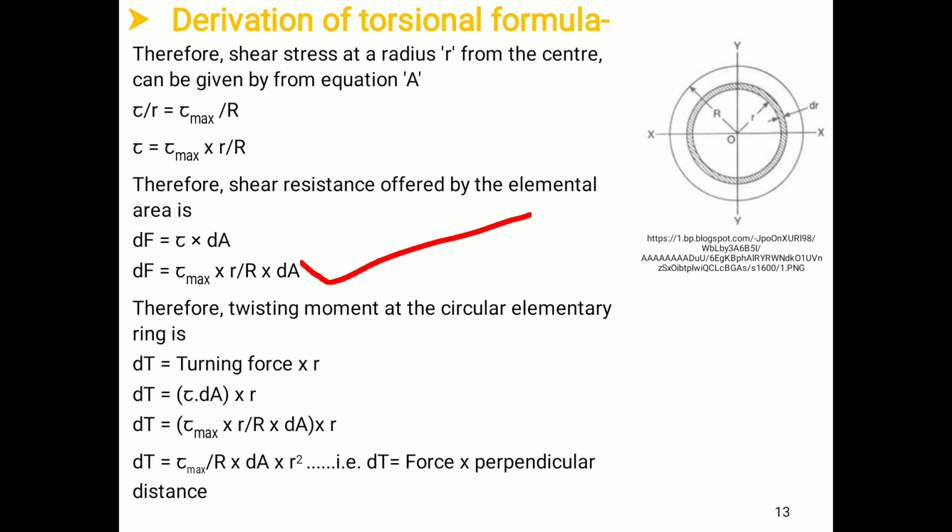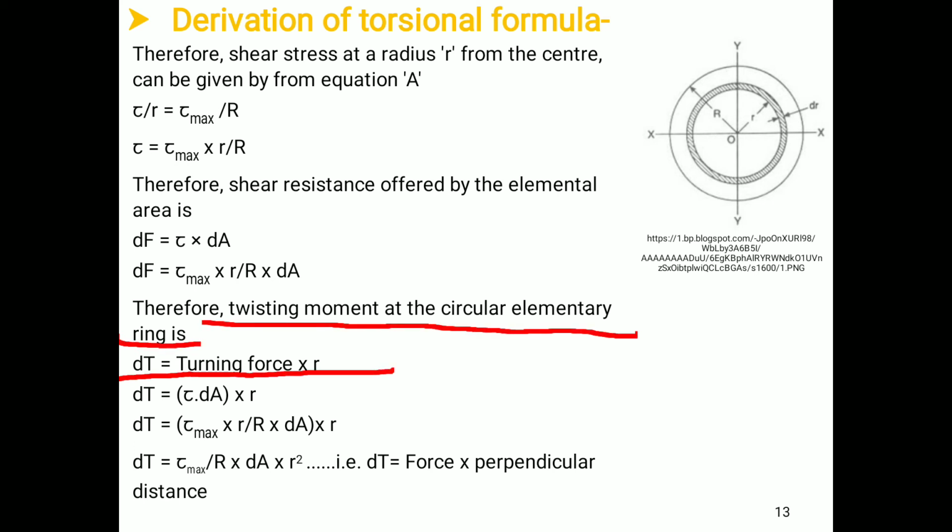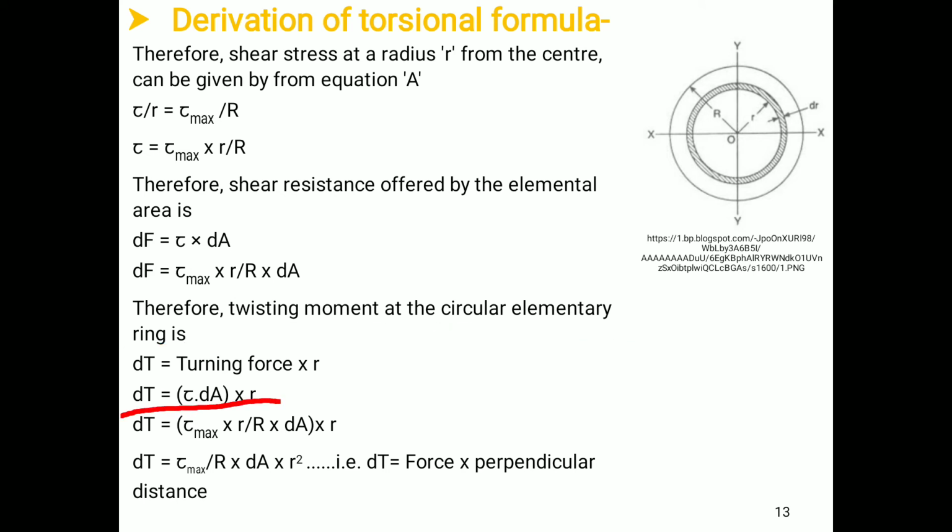Therefore once you know the value of internal resisting force, we can easily find out the value of twisting moment at the circular elementary ring, and it is denoted by dT, which is equal to turning force into small r. So all of you know that dT is equal to tau into dA into small r. It's a radius.